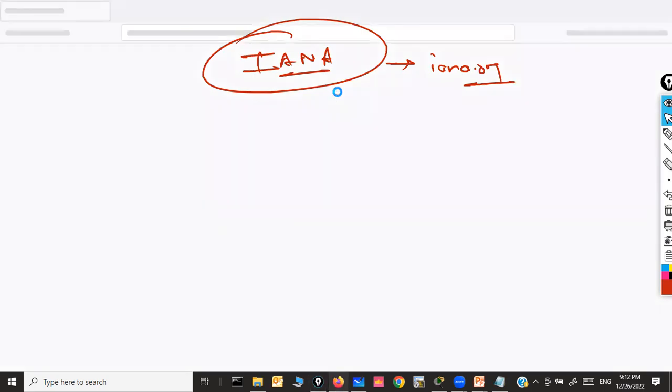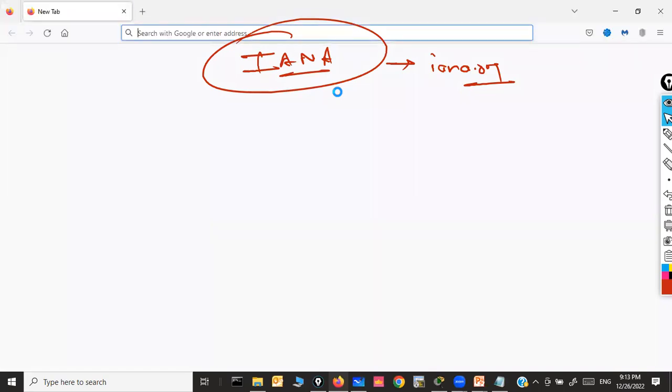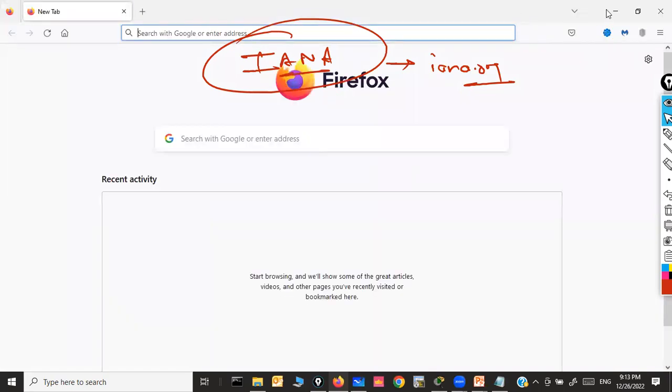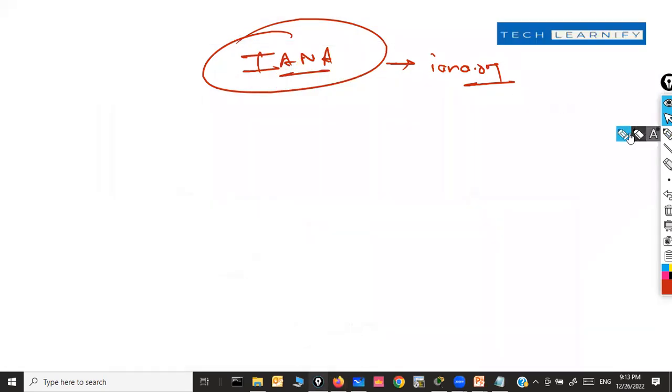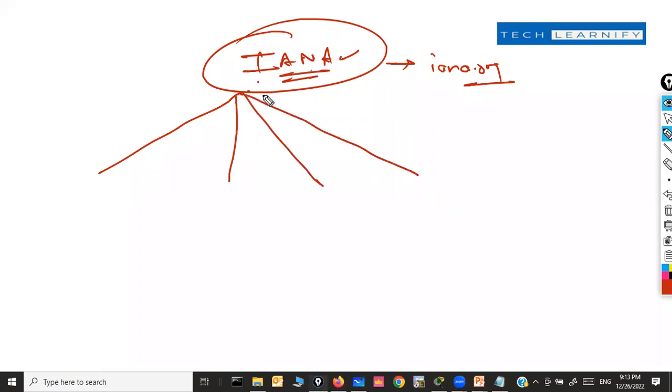IANA is the Internet Assigned Numbers Authority, mainly responsible for distributing, assigning, and maintaining uniqueness of IPs. Everything is taken care of by this organization. It is a global body. Now, IANA alone cannot handle so much work, so under IANA there are 5 regional registries.